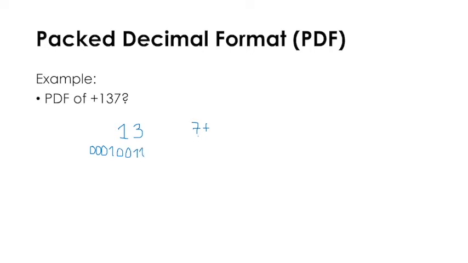For the next digit, 7, the BCD format of 7 is 0111. And this is a positive number, so the sign bit will be 1100. So our final answer will be this one.